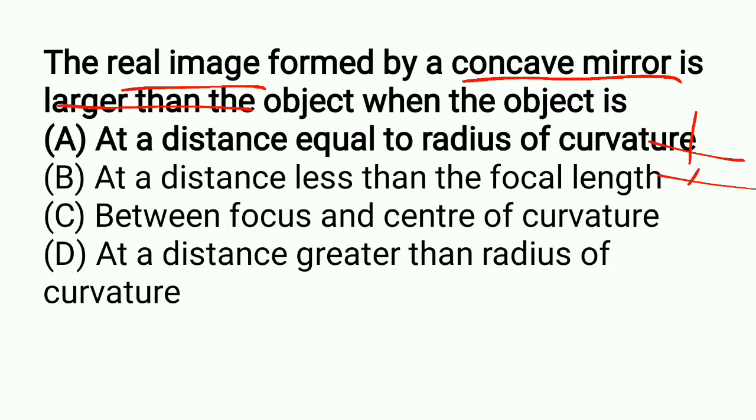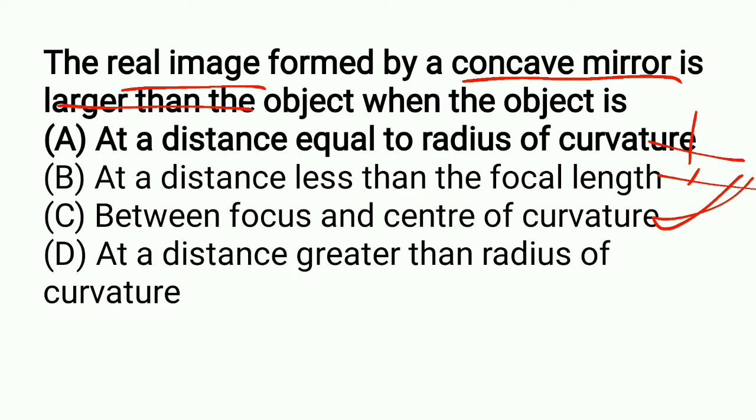And option C, here we have between focus and the center of curvature. When the object is kept in between focus and the center of curvature, yes, here you will get the enlarged image. Let's cross check option D also.